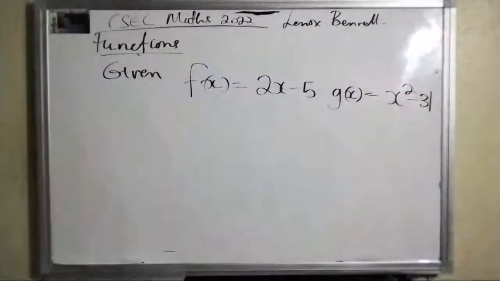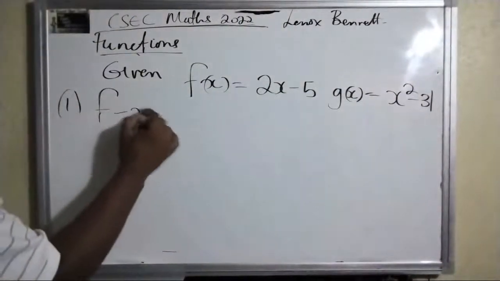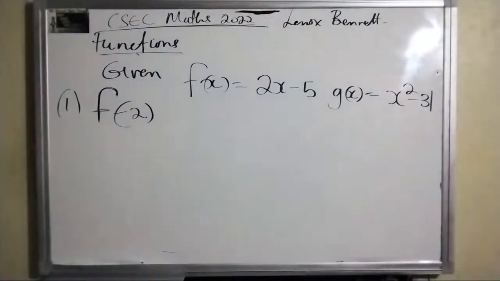Let's see what they ask us to find. 1, f of negative 2. Go ahead and do that. You're supposed to be able to do that. Alright? And then we're going to do gf of 1. And then now we're going to write f inverse of 1. So we're going to look at the inverse of f.